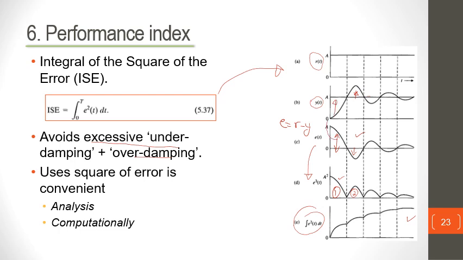So in that case, this will make it also small. The other important thing is that the use of a square in itself is more convenient for calculations and analysis. So this is why it's used.